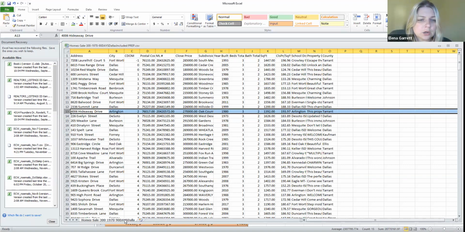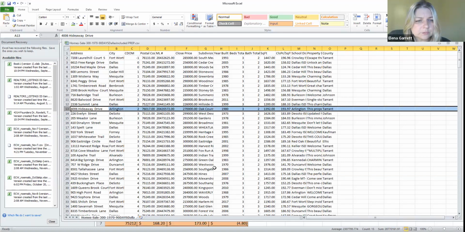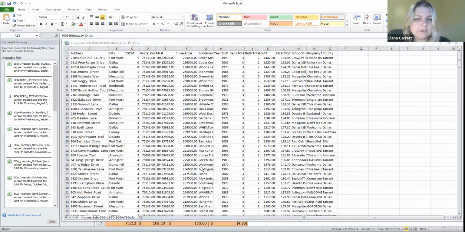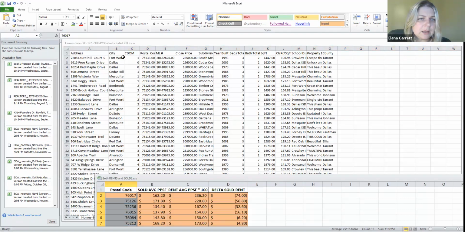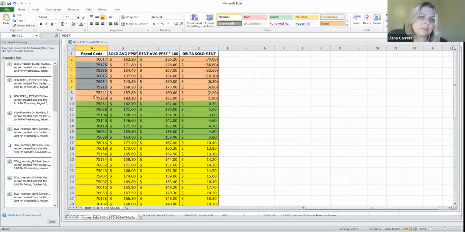If you are looking for, again, let me pull up that data again. Hold on just one second. What happened to it? So if you want to look at this again, take a look. These are the zip codes that I will be analyzing for the investor who asked me to do the analysis.